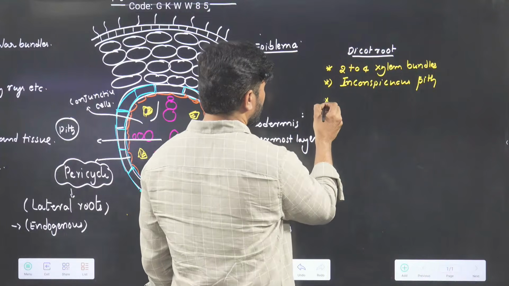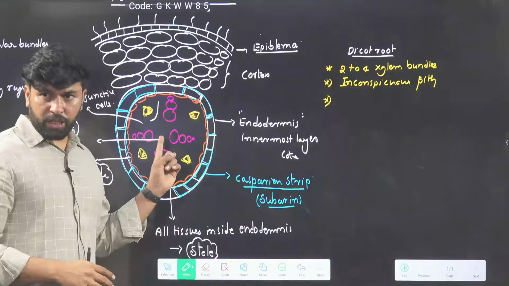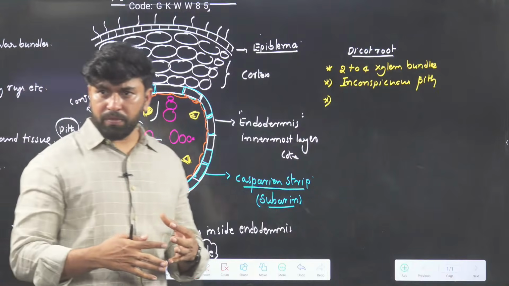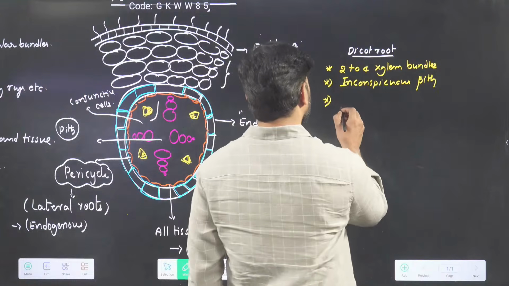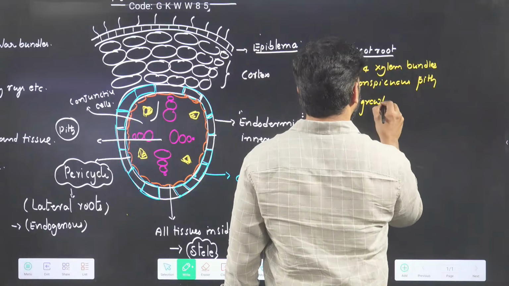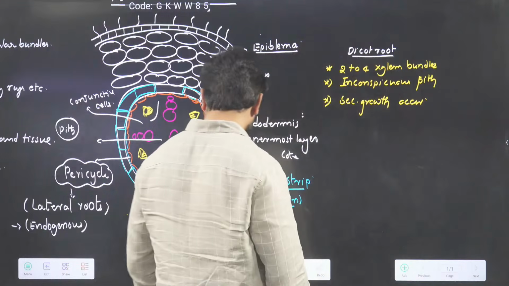Next one, observe here, they have conjunctive cells. Later there will be a development of vascular cambium for the secondary growth. So secondary growth can occur.